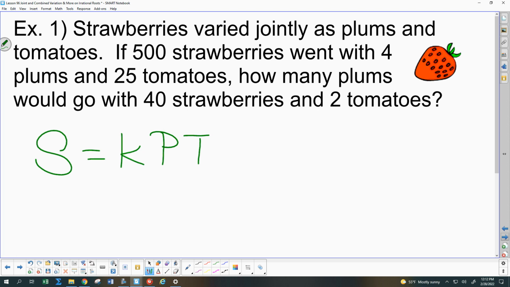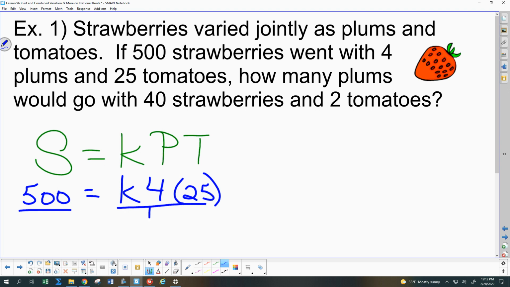So then we plug in for case one, 500 strawberries, 4 plums, 25 tomatoes, plug them in wherever they land in the formula. What do we have to do to get k by itself? Divide by 100 and get.